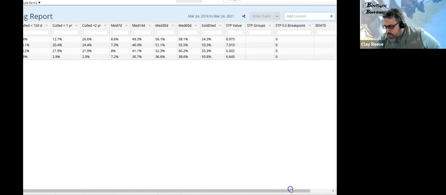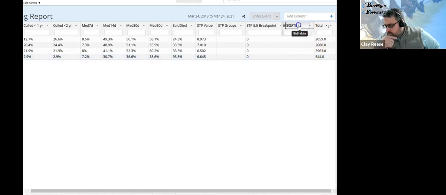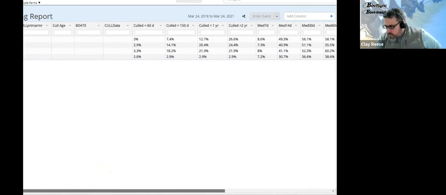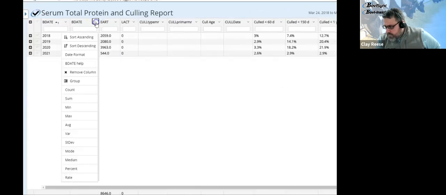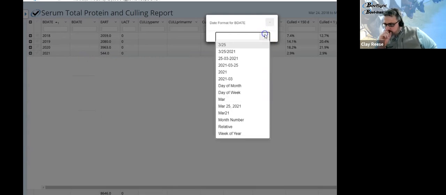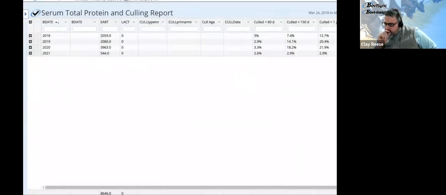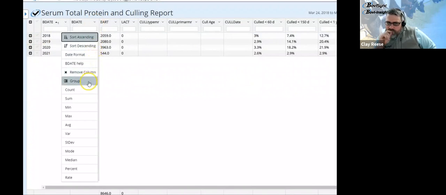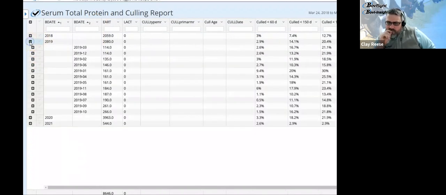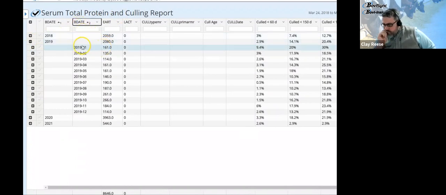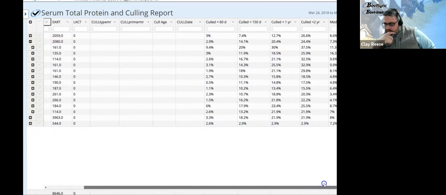We can add multiple columns of the same type, which is useful for dates especially, as we can now choose date and month. And so now we can look at month within year. So we can see how some of these changed over time.